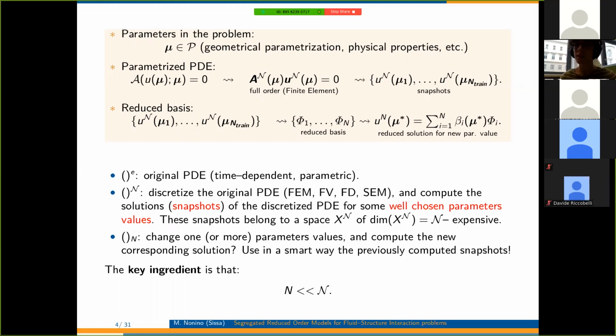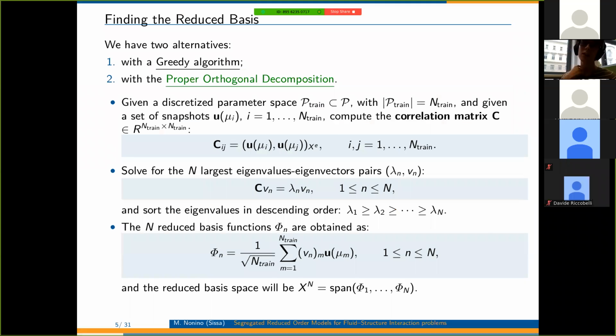So, of course, the question that pops into the mind of the student is, how can we obtain this reduced basis in such a way that for any new value of the parameter in the problem, we can approximate the solution with something as simple as a linear combination of basis functions? And the answer is, you can adopt two strategies.